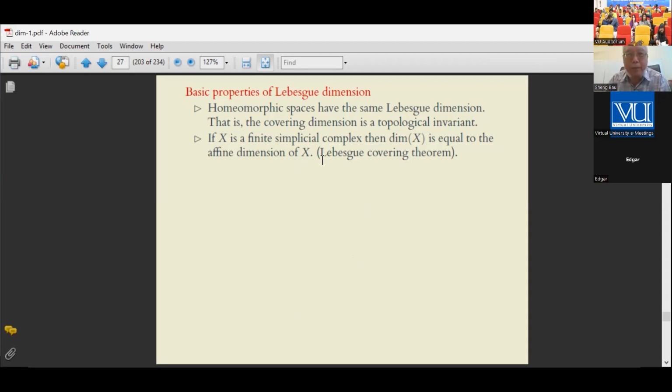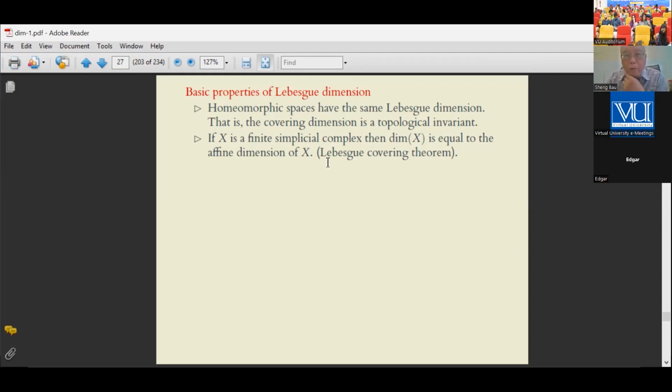Then in this case, the Lebesgue dimension is equal to the largest dimension of the simplices. The simplices are very easy to define, which are complete graphs actually. So K4 is the 3-simplex, K2 is the 1-simplex, K1 is the 0-simplex, and K5 is the 4-simplex. You can actually have that as a simplex in 4-dimensional space.